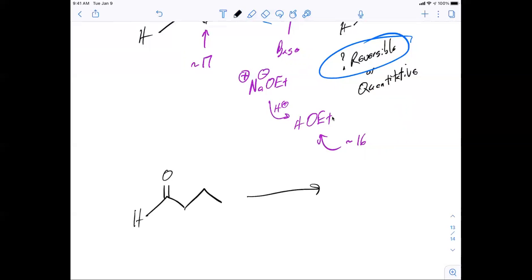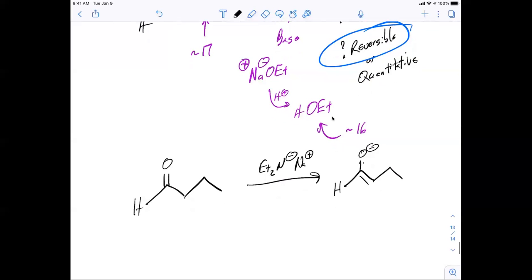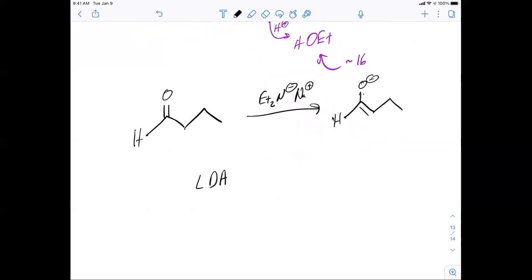So in something like this, if I came in and used a stronger base, and one of the favored ones is this nitrogen base.